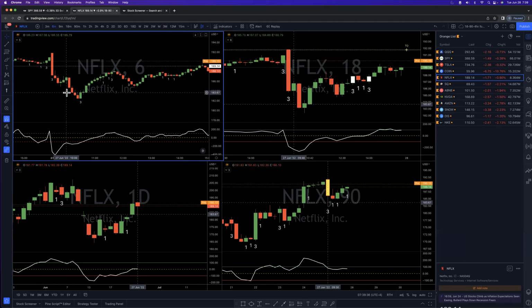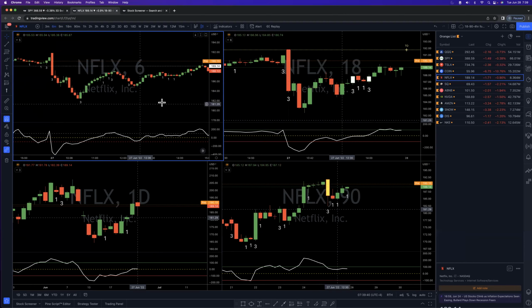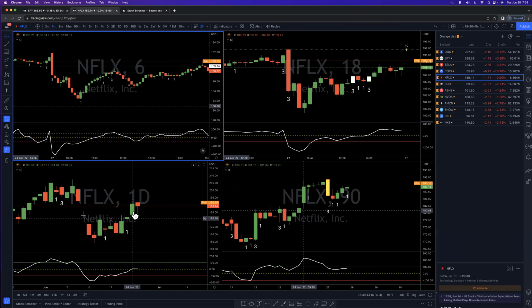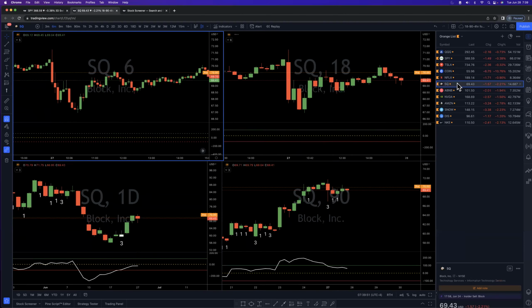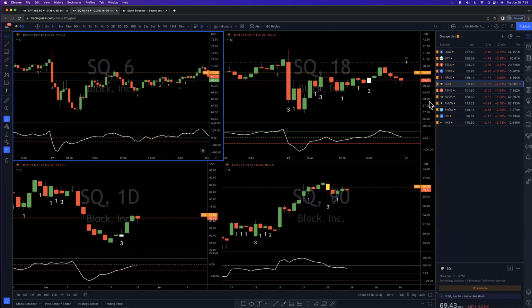Yeah, there was a TTO on Netflix. Missed that. Let's look at the daily. So got this hanging man here on Netflix. If it goes above that, there's potential. We got all these hanging man patterns. Those are reversal patterns.